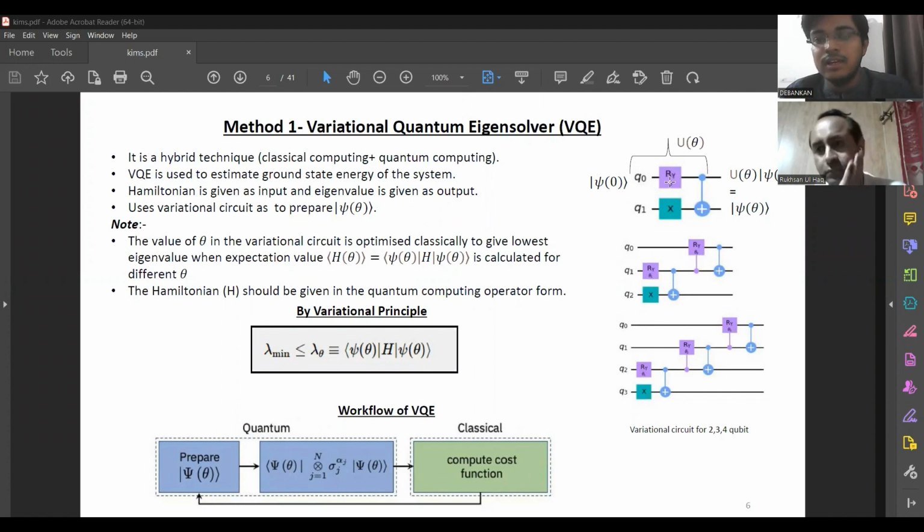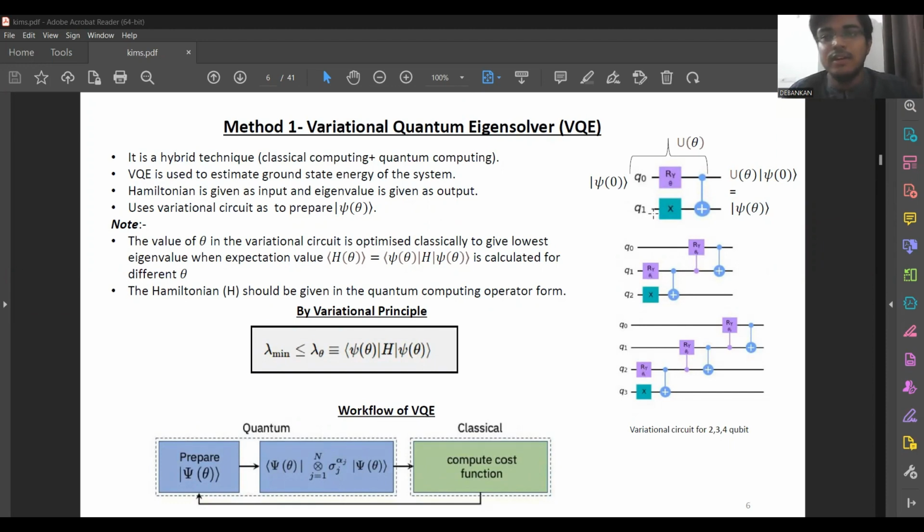So see here on the right hand side, ry theta means this is a rotation gate about the y-axis. If I have a qubit with a spin oriented in any direction, say along the x direction, we rotate the state of the spin by an arbitrary angle theta about the y-axis, and then we get a state which depends on theta.